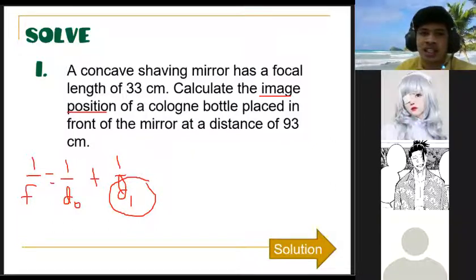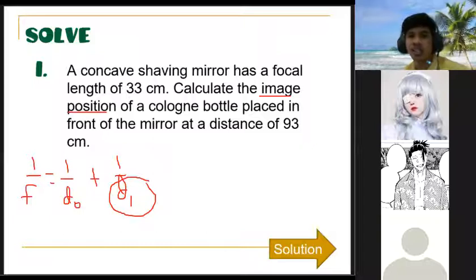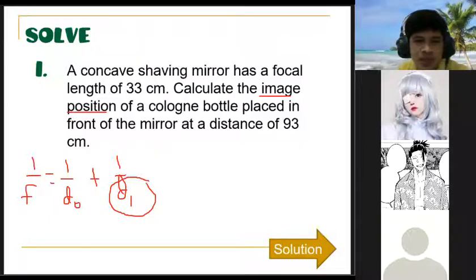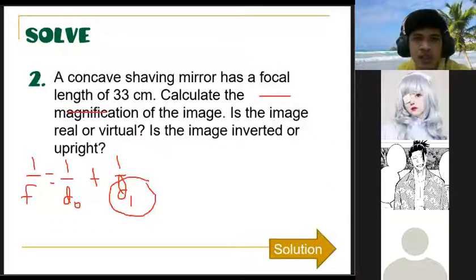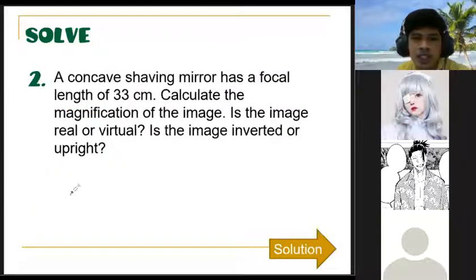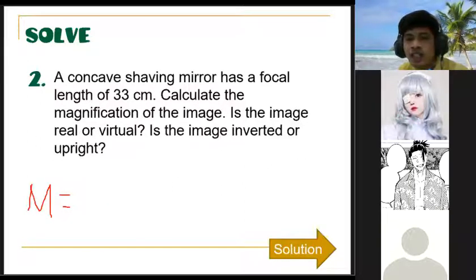DO is 93 centimeters and F is 33 centimeters. For number two, same problem, but you're going to solve for M, the magnification.